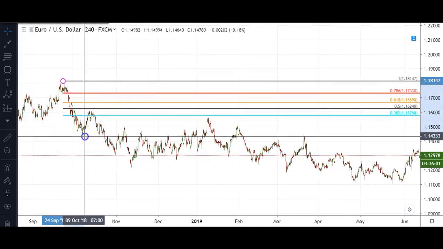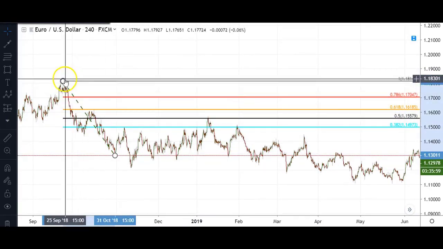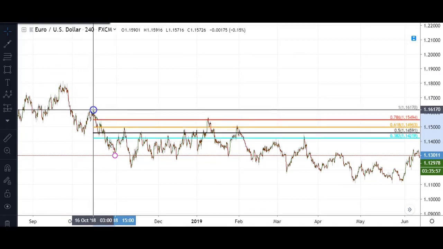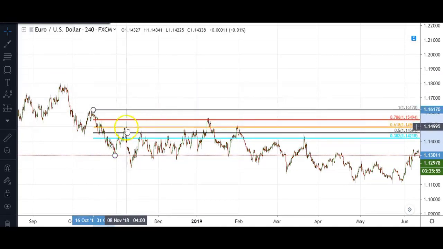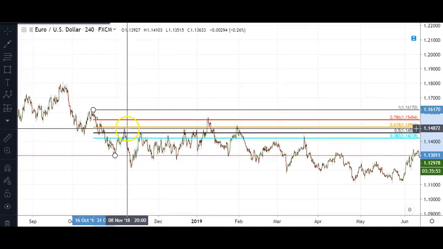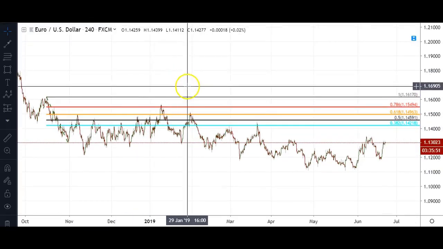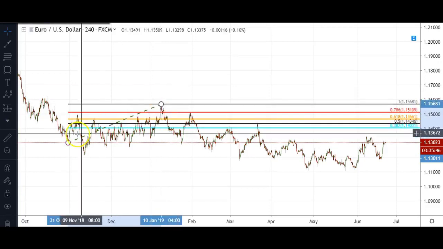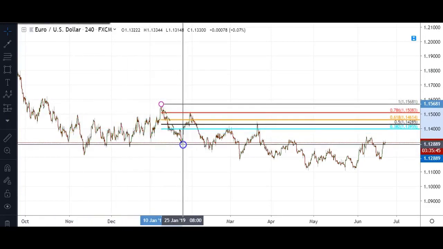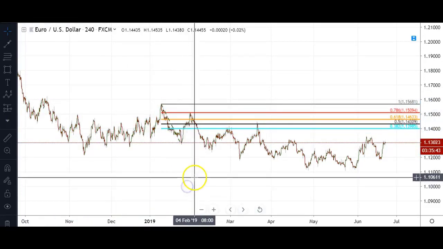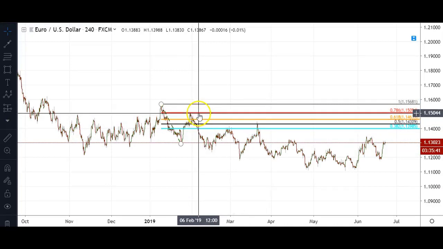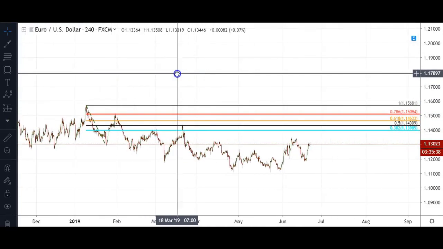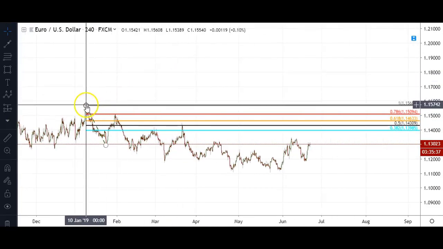Let's continue moving down as price gyrated downwards, and using that high there, then we have a beautiful touch of the 0.618 again. Let's continue scrolling forward. If we use that high over there with this low over here, yet again, price stopped dead in its track at the 0.786 retracement level.